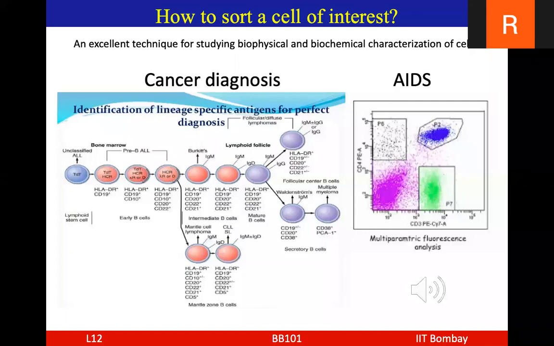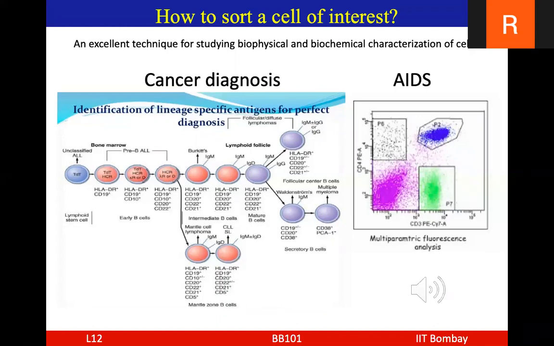On the y-axis is CD4 and on the x-axis is CD3, and the population in P6 or P2 here is the CD4 positive T cells. In a normal individual, numbers are around 1000 to 1200 cells per microliter. In an AIDS patient, this number would be very, very low. That's how you can quantify a cell and then diagnose a disease.